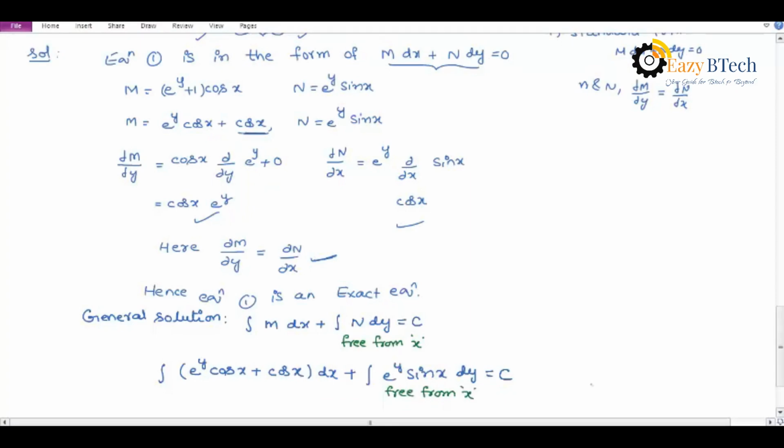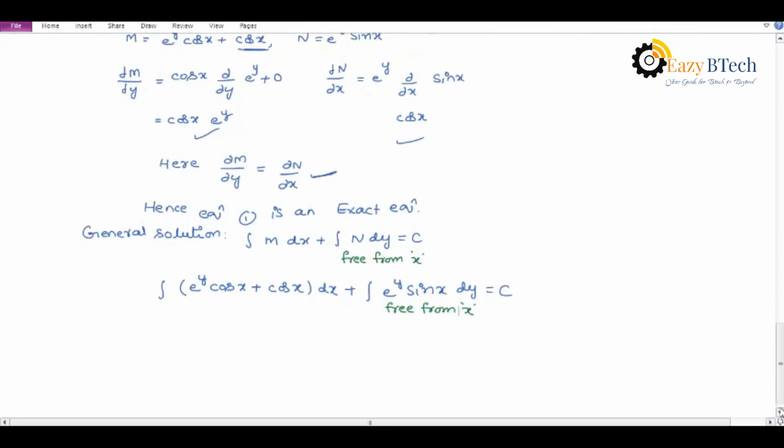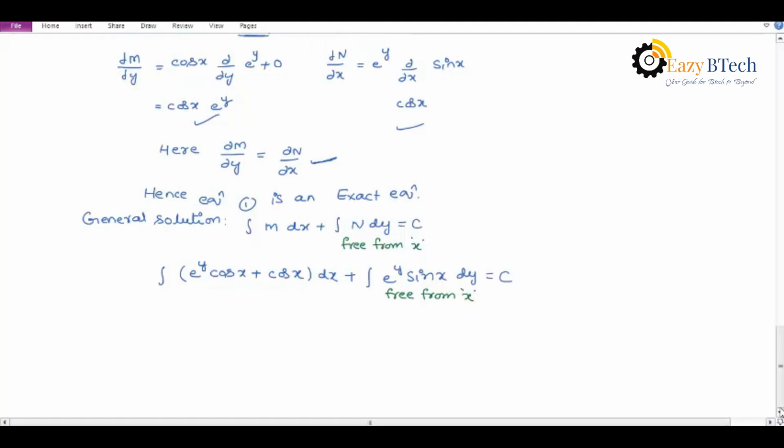With respect to x, integration is as usual. With respect to y only we are applying this condition, the free from x condition. Now I am dividing the integration: integral e^y cos x dx and integral cos x dx and integral e^y sin x dy is equal to c, and it is free from x. It is the main condition here. Now I am doing the integration.